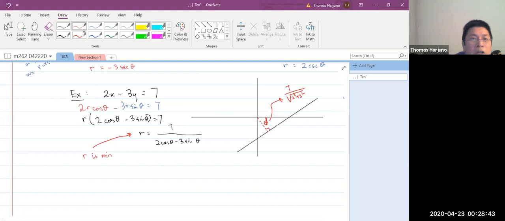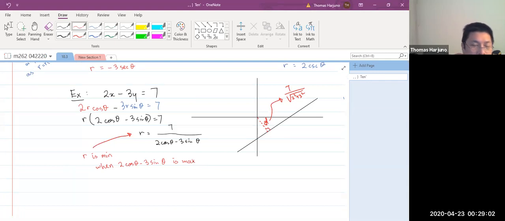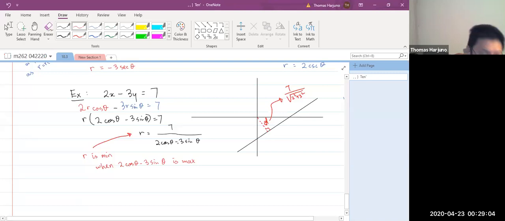Now, r is minimum when 2 cosine theta minus 3 sine theta is maximum. Okay, basically, it reaches the maximum at the amplitude, right?